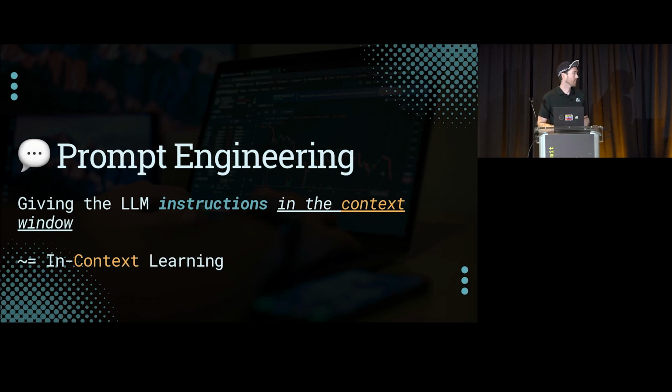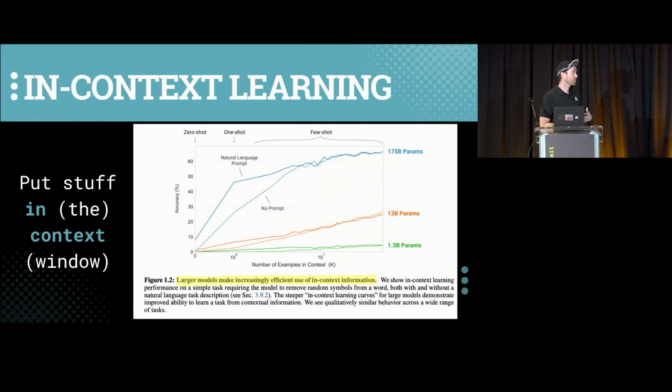We might say in the context window, we might say we're doing in-context learning. Of course, this was the GPT-3 paper that introduced us to this idea where we're just putting stuff in the context window. When we put the right stuff for big enough models, we go from just no shots, instruction only, to 1 shot, to 2 shot, 3 shot, 4 shot, 5 shot, 32 shot.